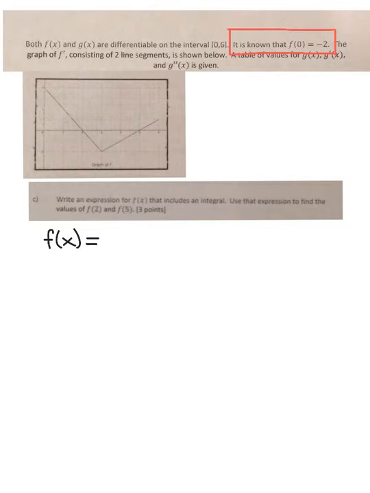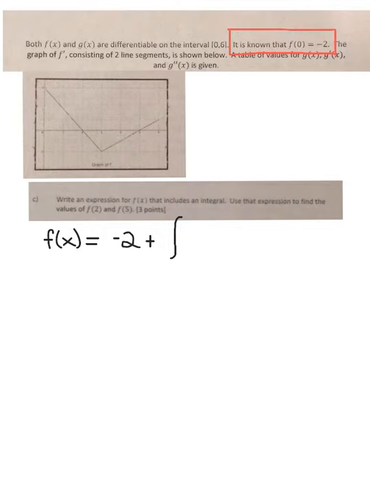You always have to have that initial condition, and then it will be plus some integral. Now, remember, this -2 is coming from this value. So the x value that corresponds with that is supposed to be your lower bound.